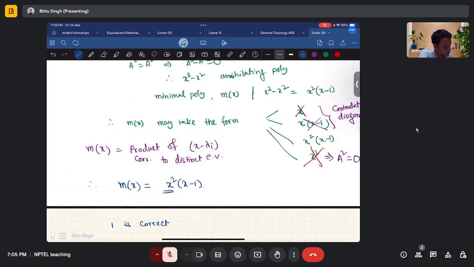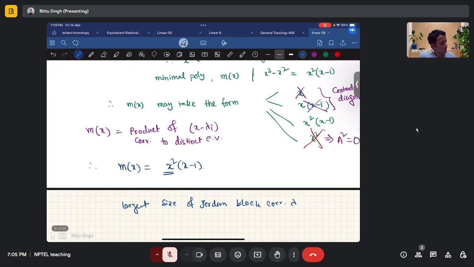Because from here, we know that the largest size of the Jordan block corresponding to lambda is the same as the degree or multiplicity of lambda in the minimal polynomial.